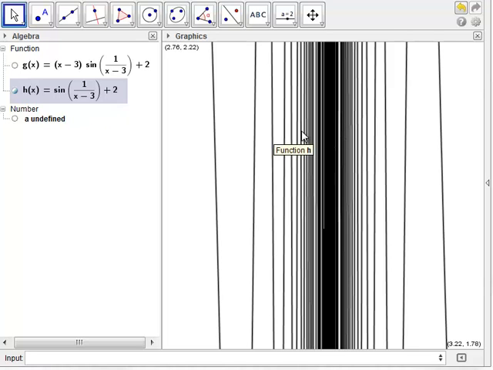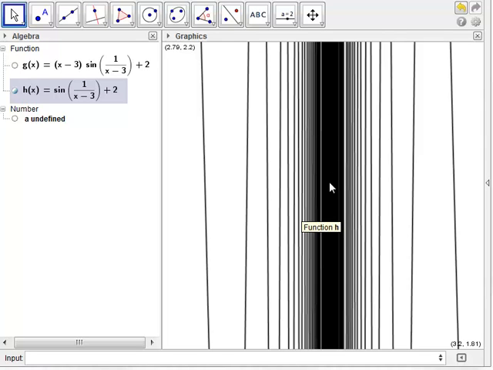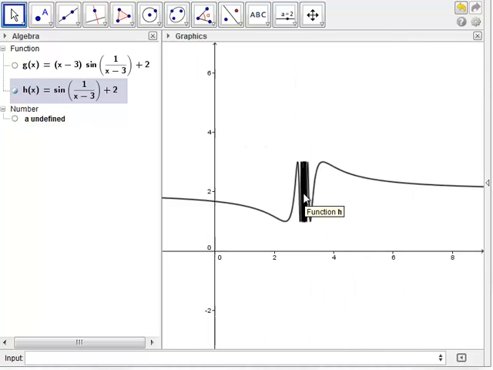And so if you gave me any kind of a limit, a margin of error that's less than 1, the y value is going to go outside of that margin of error repeatedly, no matter how close you get to x equals 3. It doesn't settle down to a well-behaved, limited vertical extent when x gets close to 3. So the conclusion is h of x doesn't have a limit.